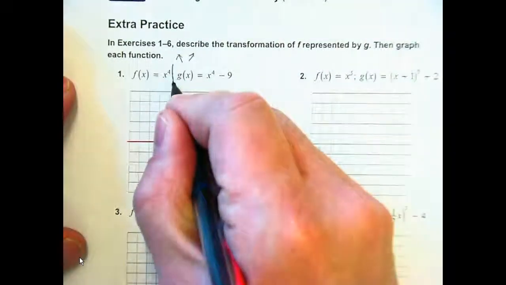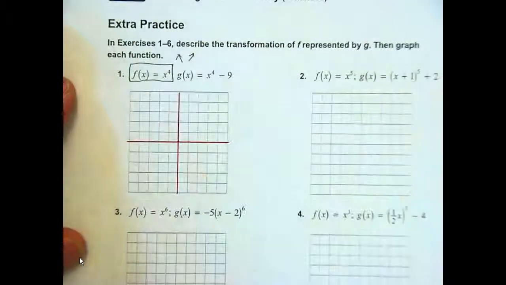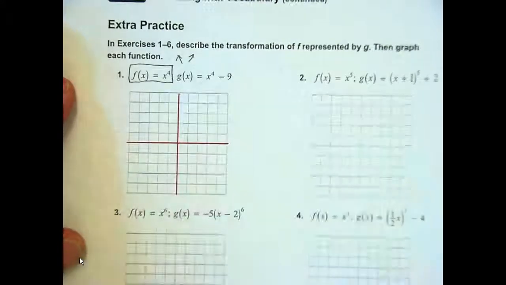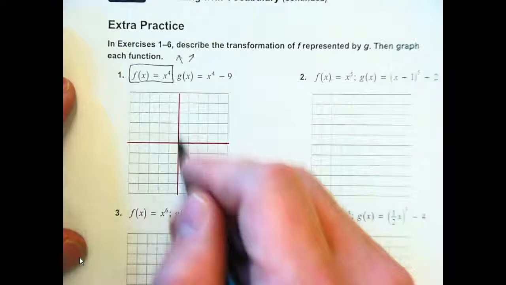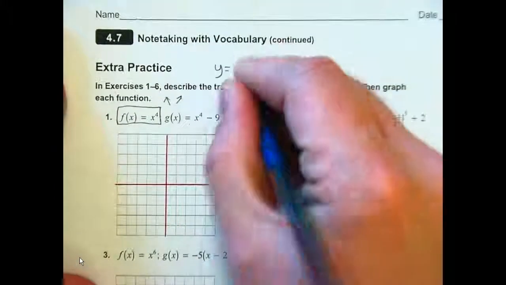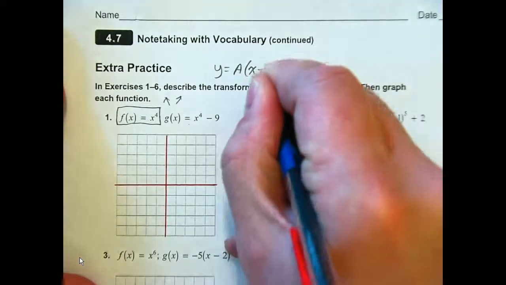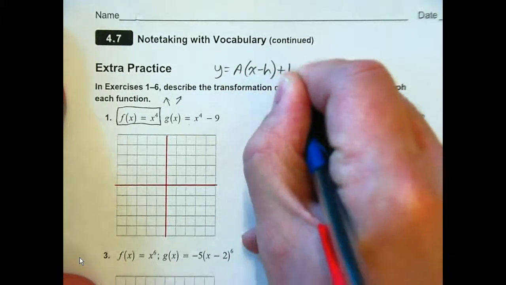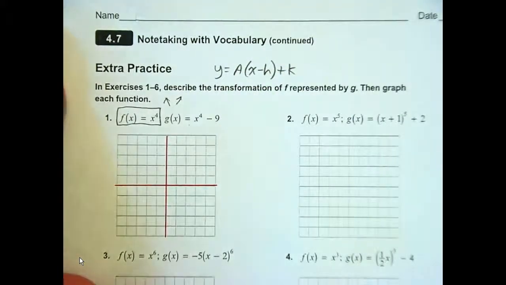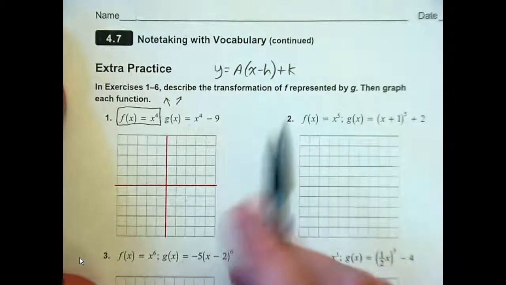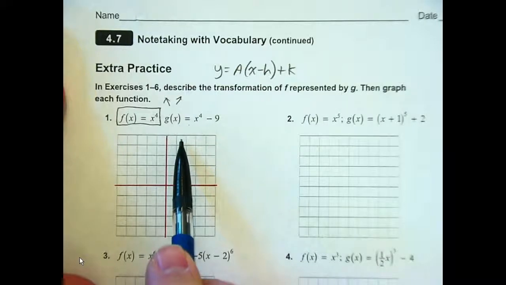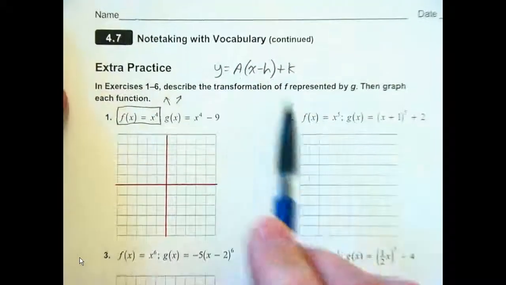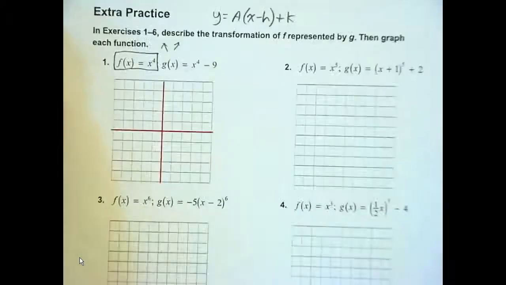Notice that we're graphing 2 different functions on the same grid. We're graphing a f and a g. Okay? F of x equals x to the 4th. It doesn't shift from the vertex. It has no hk. So if you're going back to this format, that'll work for almost all of these. Which one will it not? It'll work for this one, right? Which format will this not work for today? Or which do we need to add to it?